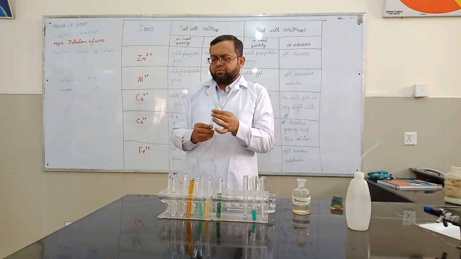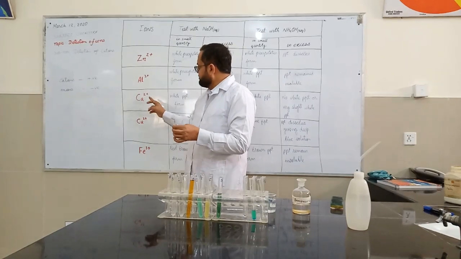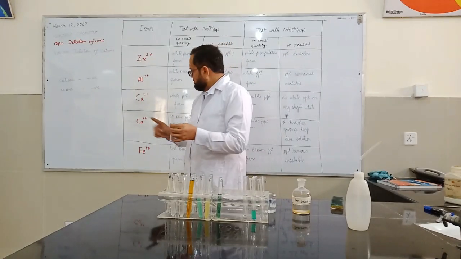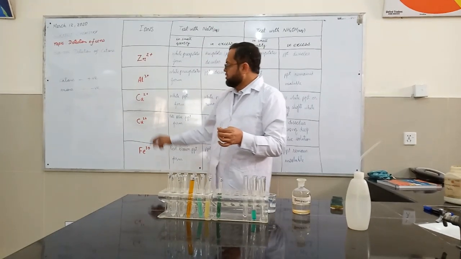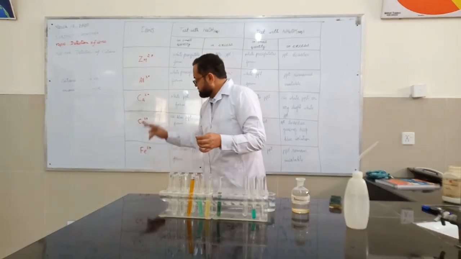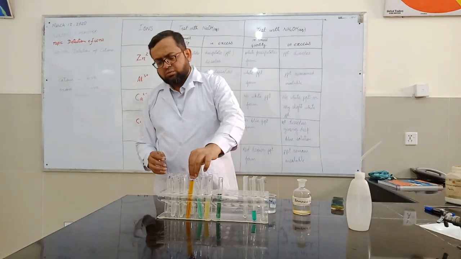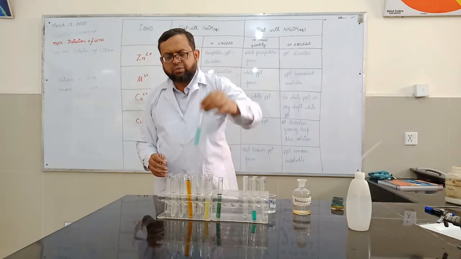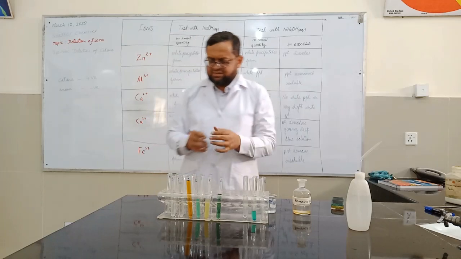I don't know whether it is zinc, aluminum or calcium, but we can rule out the presence of copper 2 ion and iron 3 ion, because a solution of copper 2 ion is generally blue in color and a solution of iron 3 ion is reddish brown. So most probably those would be the iron 3 ion solution and the copper 2 ion solution. We will see it later on.